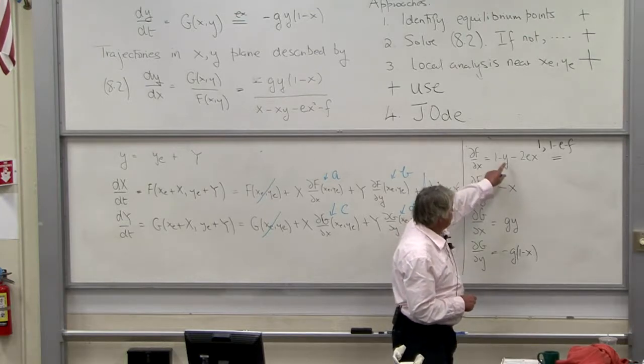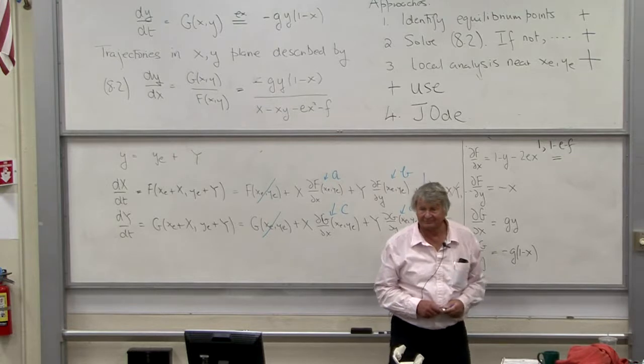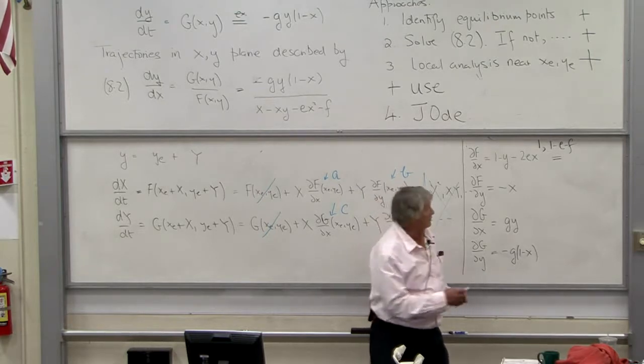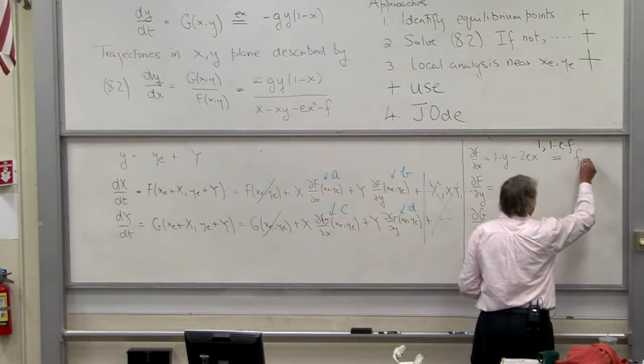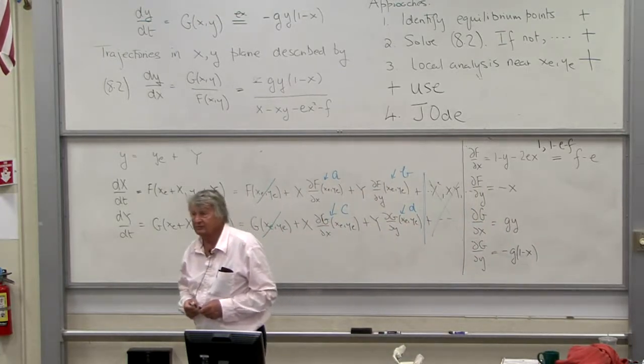So 1 minus e minus f minus 2e. It's very simple. Actually, it's just f minus e. So it's just constants, the difference in those two, f minus e.